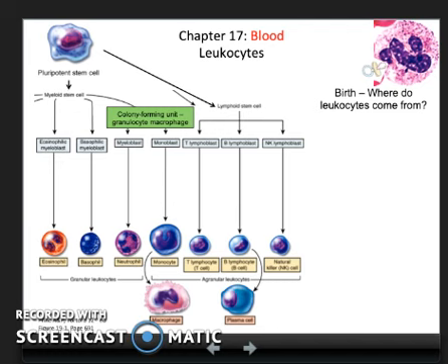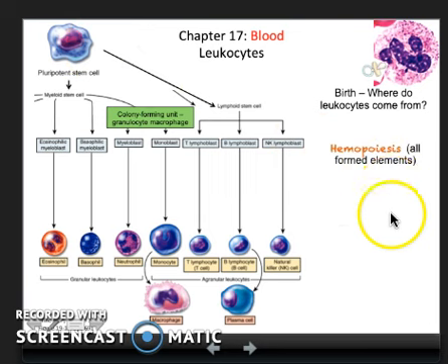So if we look at this graphic, this is what we saw at the beginning of lecture. Again, we've got our pluripotent stem cell in our red bone marrow, and this pluripotent stem cell goes through the process of hematopoiesis. This is true for all of the formed elements, and it takes place in the red bone marrow.